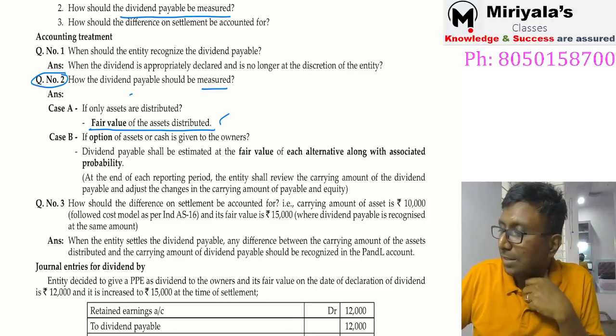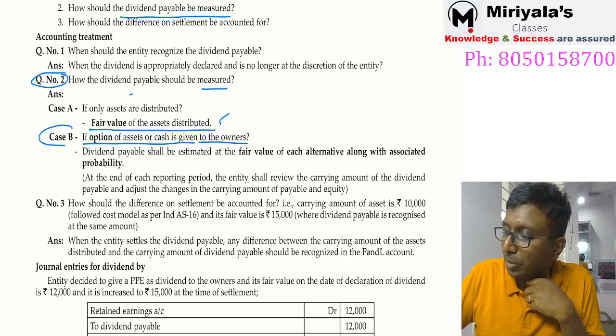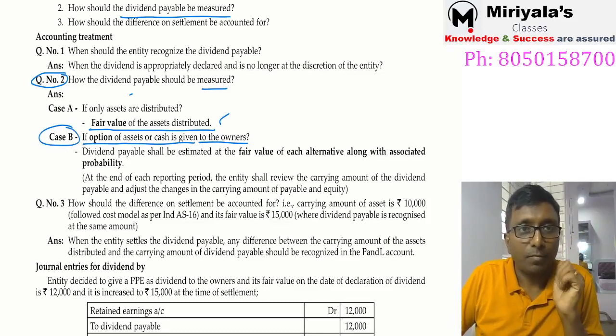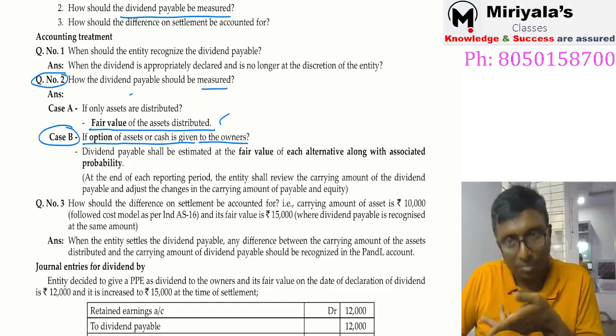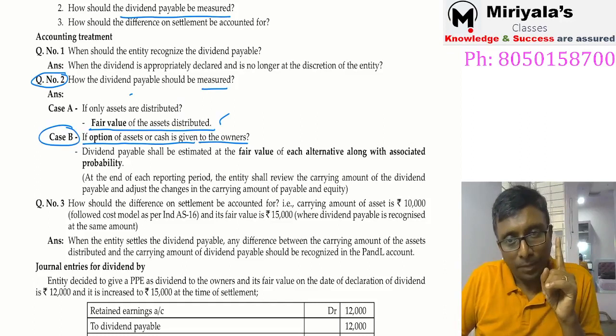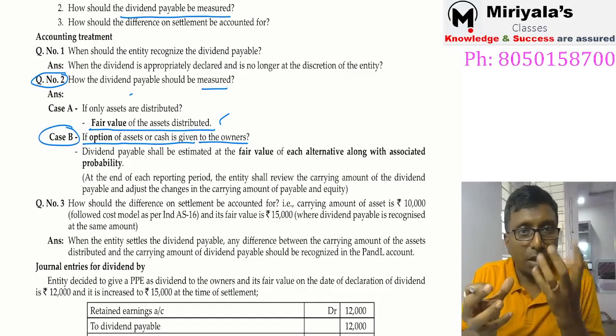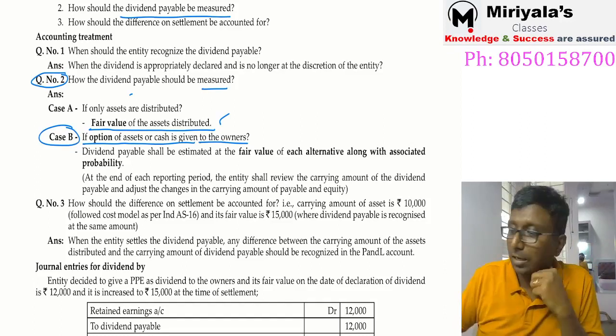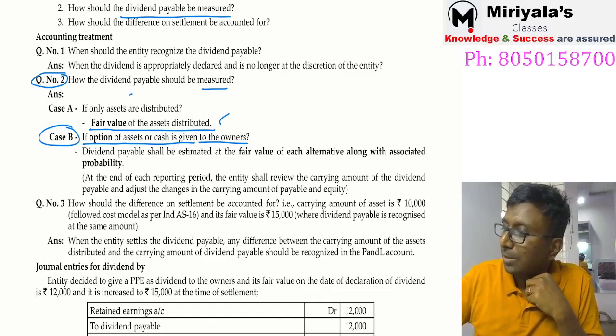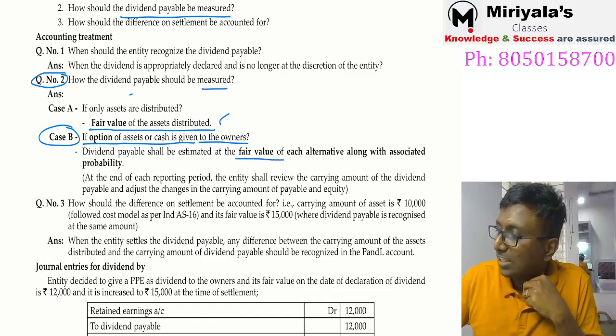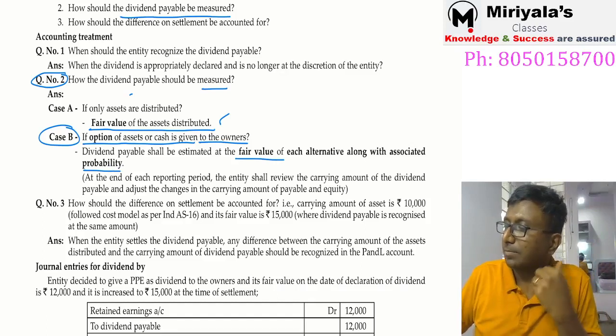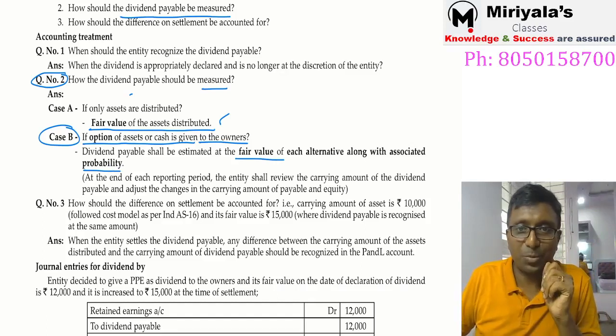If the option of assets and cash is given to the owner, this is what relates to my question, case B. In my question, either perfume or cash, whichever. The dividend payable shall be estimated at the fair value of each alternative along with the associated probabilities.